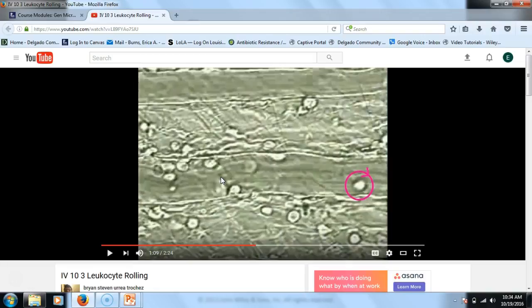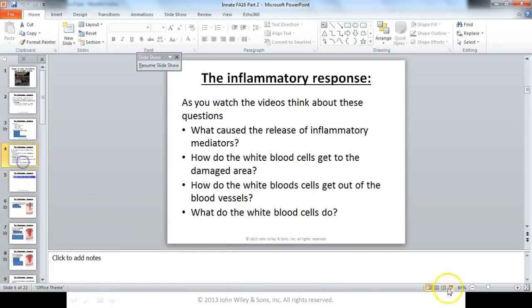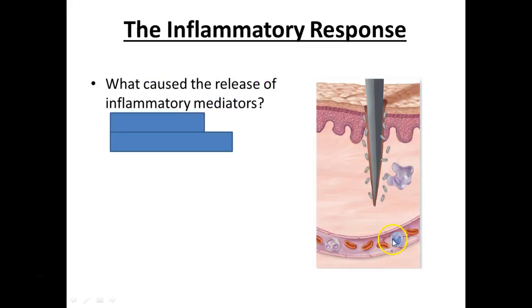So again, to review our questions. What caused the release? In that first video, the splinter actually damaged the cells.